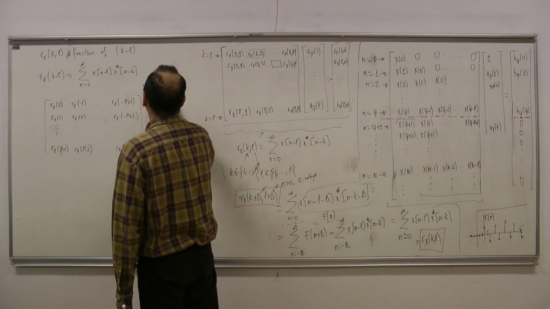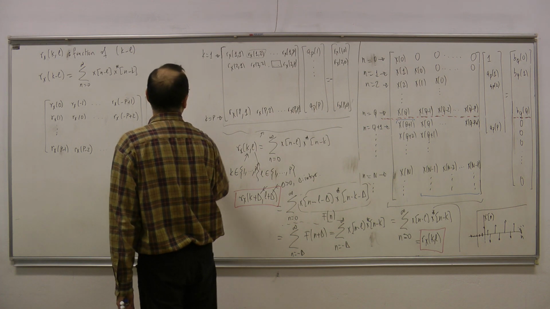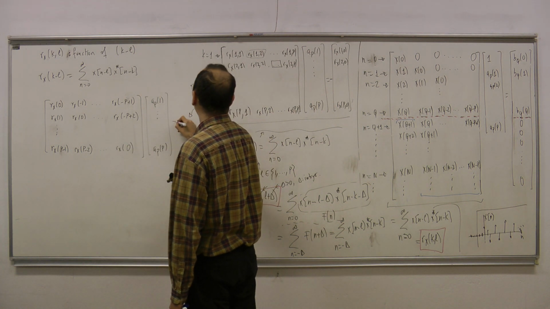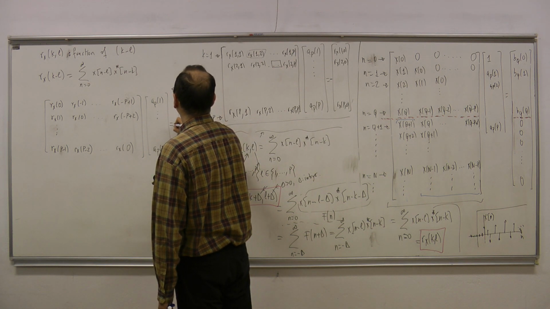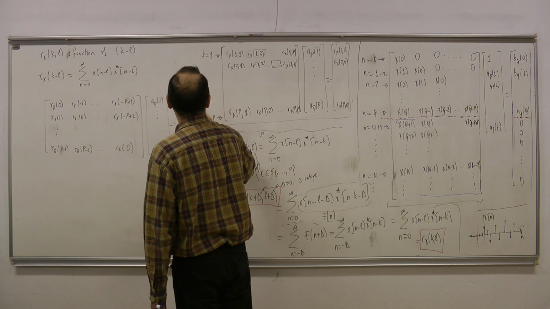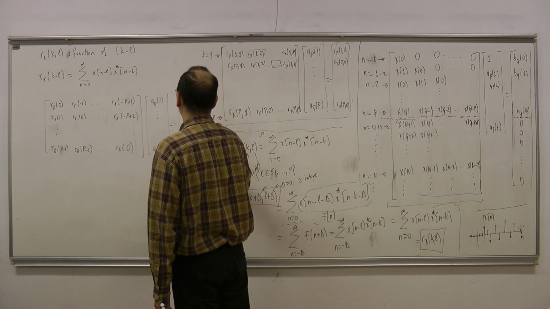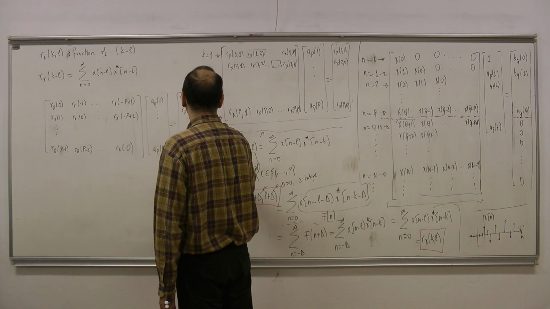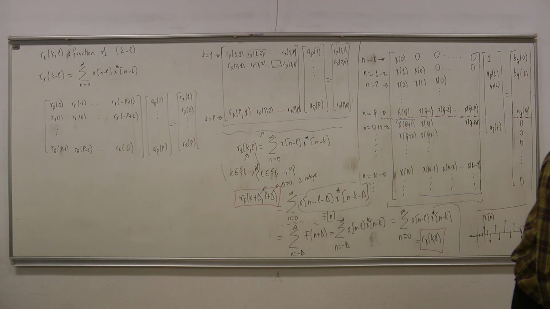And this is AP of 1, AP of P. So I'm writing this matrix one more time, equal to Rx of 1, Rx of 2, and Rx of P. I have such a case. Let me see.